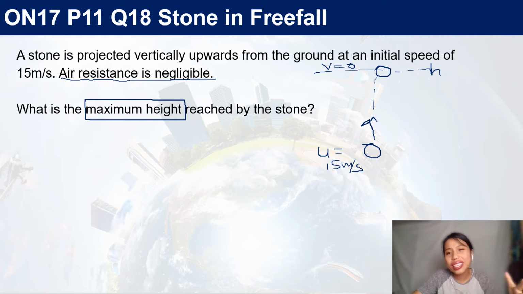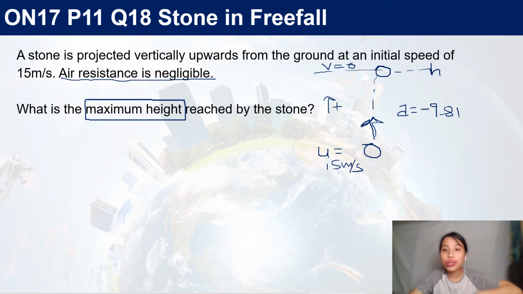And as it goes up, it's actually slowing down, so it's having a deceleration of negative 9.81. Here I define up as positive, by the way. So acceleration is downwards.